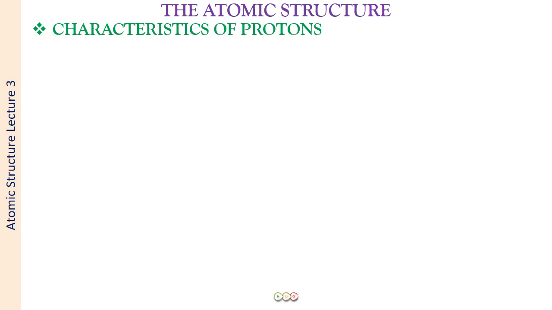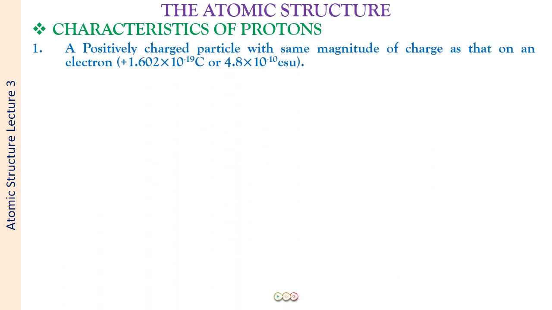So next we have a few characteristics of protons. Basically a proton is nothing but an H positive ion. It is a positively charged particle with the same magnitude of charge as that on an electron. The electron had minus 1.602 times 10 power minus 19 coulomb charge.